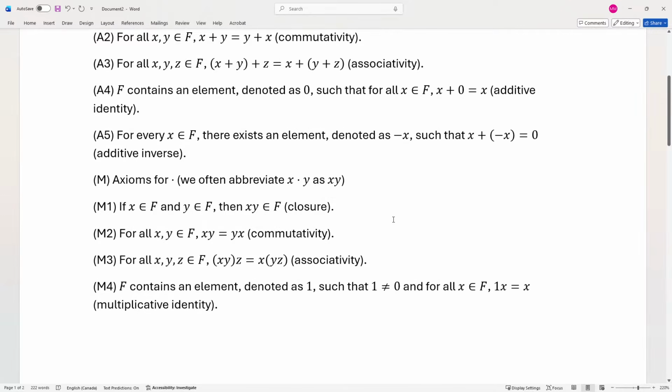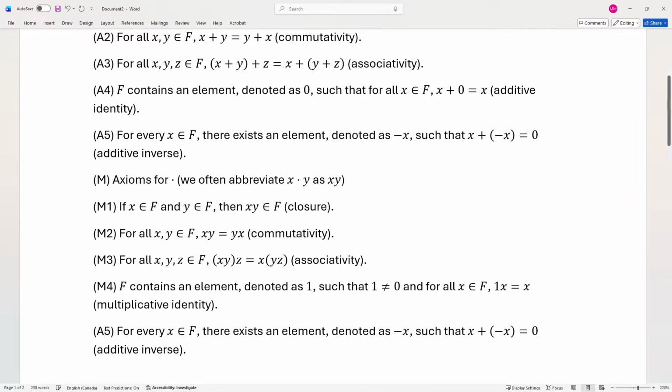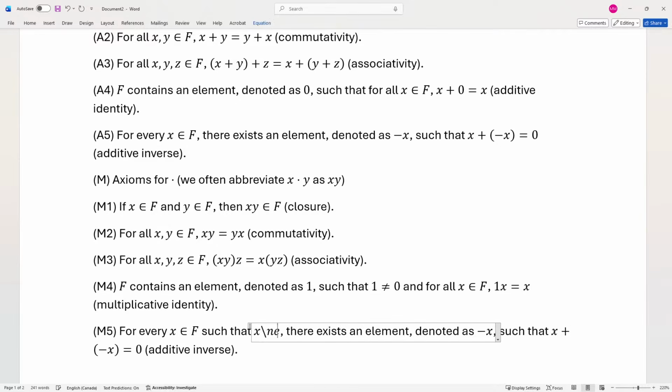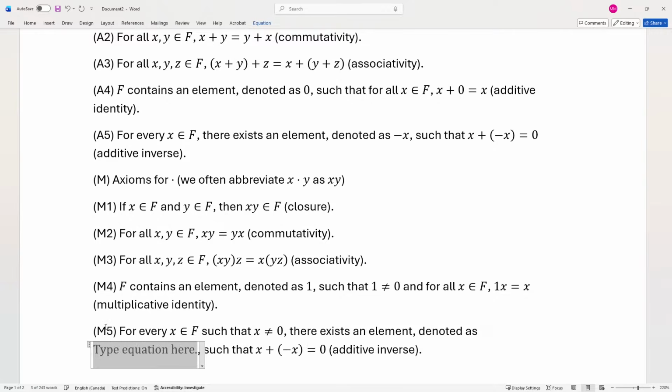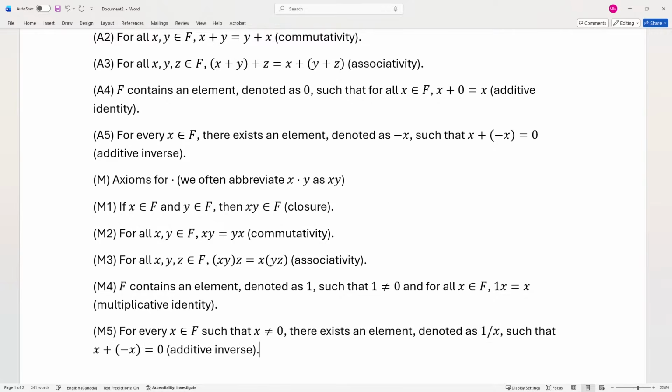M5, what's M5? Well, M5 says if you have x in F that is non-zero, then there exists a multiplicative inverse, basically the existence of a reciprocal. So we want that as well. For every x in F such that x is non-zero, there exists an element denoted not as minus x, but rather 1 over x, such that x times 1 over x is equal to 1.